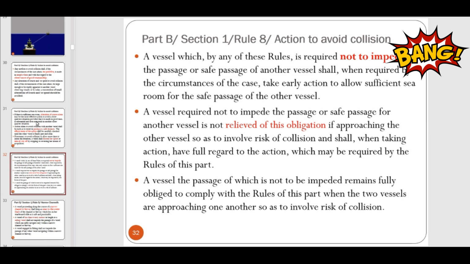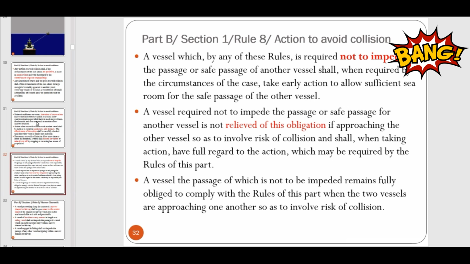Take action in such a way that, yes, that fellow is not supposed to impede the safe passage, but I'm having this difficulty. My responsibility is not to have any collision because of this. So I will also have some responsibility to ensure that the risk of collision action is taken.